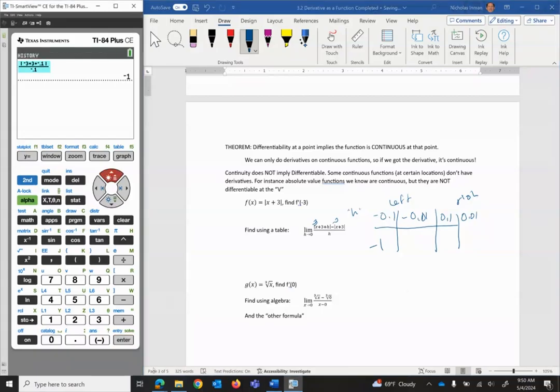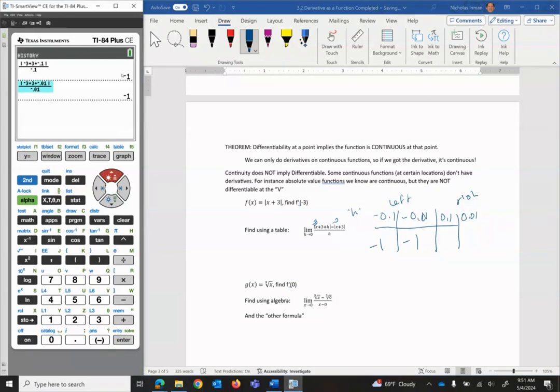Right, if we repeat this with -0.01, we get -1. All right, so the derivative on the left side of -3 is -1.